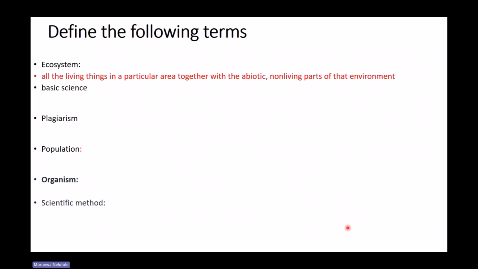All living things in a particular area together with abiotic. So there are key terms which you need to highlight or underline when you are studying, in order for yourself to know that this is the description of what they're talking about. Basic science is science that seeks to expand knowledge and understanding regardless of the short-term application of that knowledge.